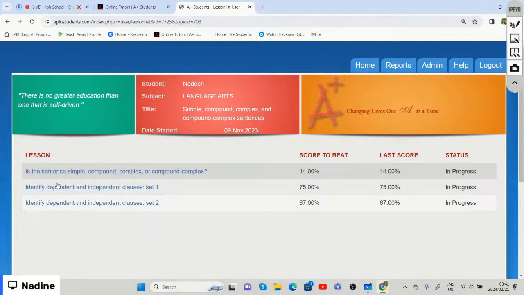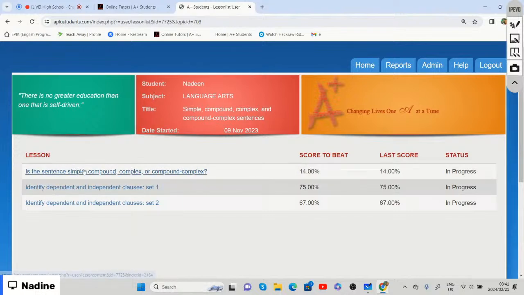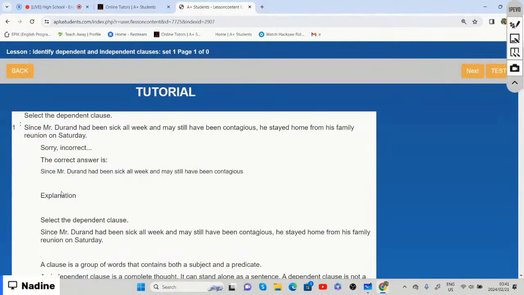So now we're going to identify dependent as well as independent clauses. And remember, we said a dependent clause cannot stand on its own. It doesn't express a complete thought. It's either missing a subject or it's missing a predicate, right?